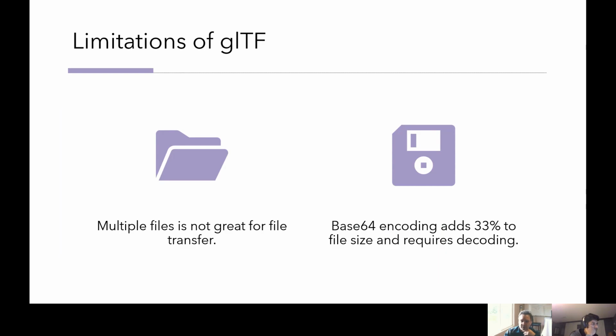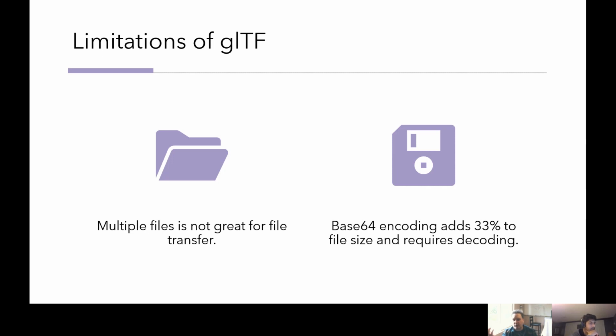But there are some limitations in what we just described. In the limitations of a basic glTF, multiple files are not great. So if I say, hey, I want this glTF file, and it comes back and says, okay, we're going to give you this glTF file, but you also have to grab the associated images and binary data. That's not great. The alternative we looked at is where you do the base 64 encoding.